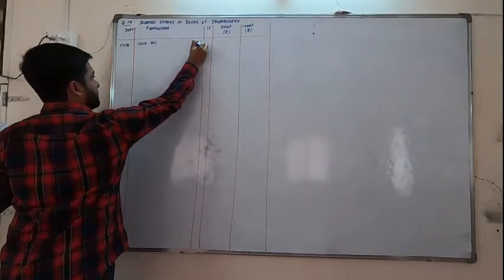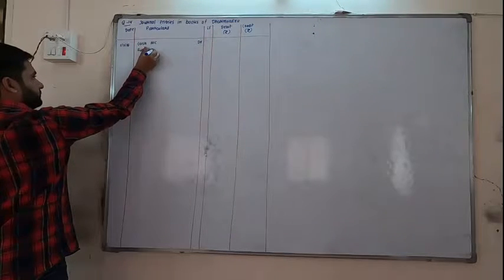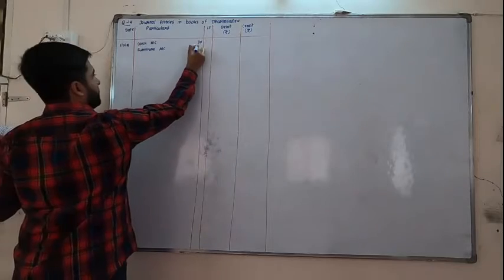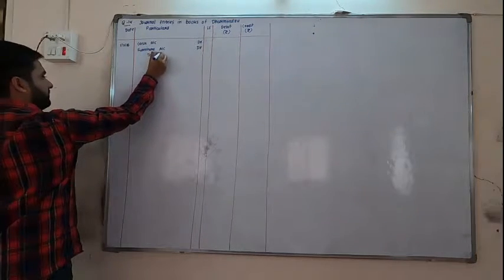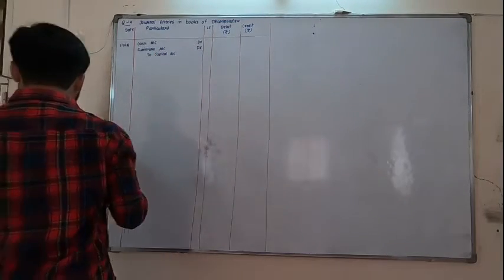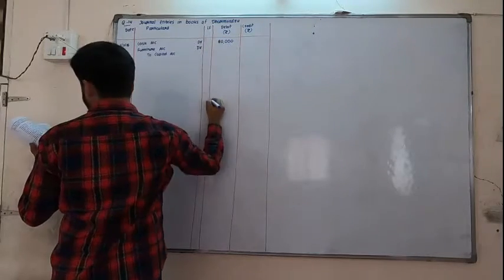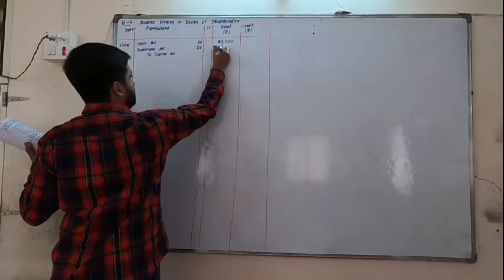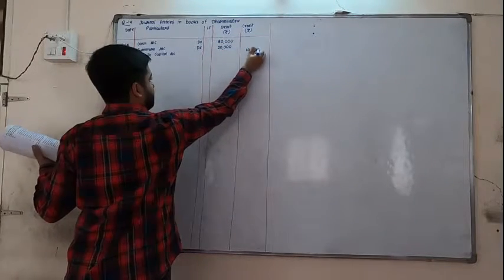Cash account debit, furniture account debit to capital account. Okay. 80,000, 20,000, total 1 lakh.